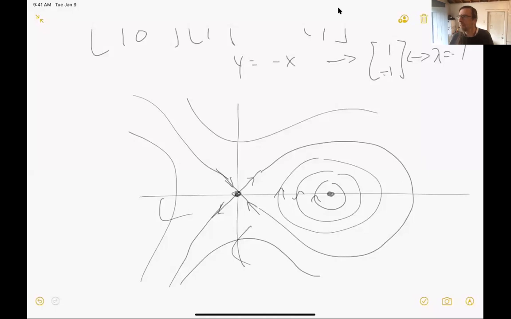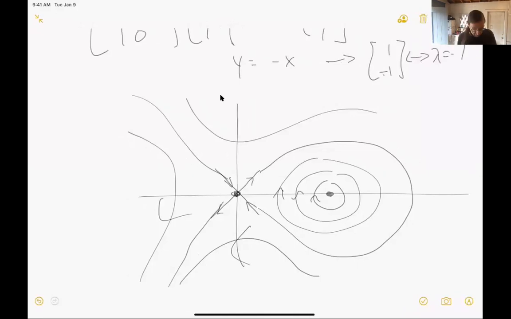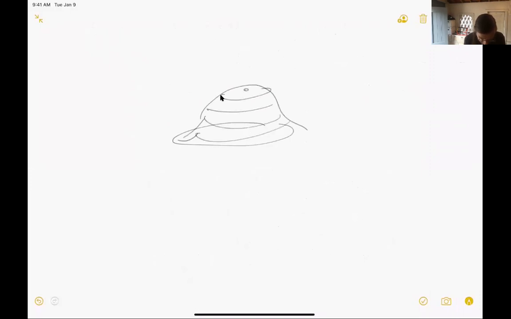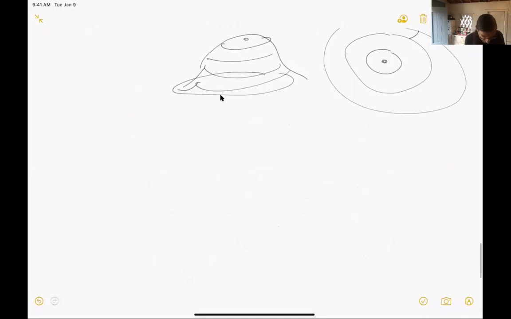Back on my iPad screen here. Oops, hold on, I've got to rearrange my windows. Okay. If you imagine what level curves can look like for surfaces, well, if we have a surface that has a maxima, then the level curves can certainly look like circles. If we look at the top view of that, it's going to look like a point and then circles around it, which looks like a center. Another thing you can see with surfaces is a saddle.